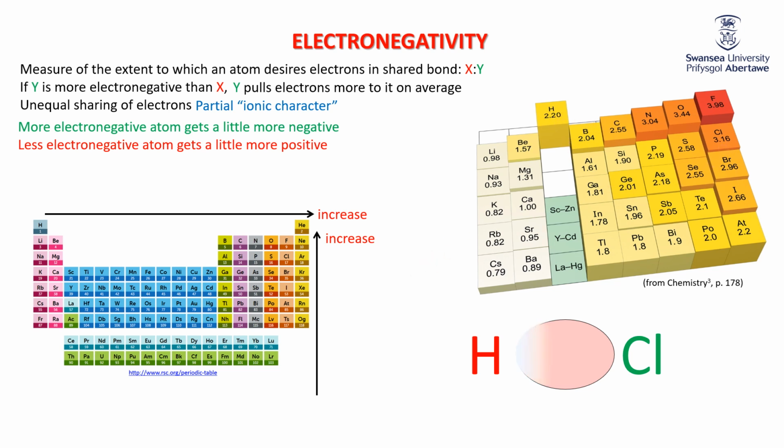Chlorine is more electronegative than hydrogen, and so it has more of a share of electron density than hydrogen does, as illustrated by a deeper pinky, orangey red over by the chlorine, much lighter one by the hydrogen. The chlorine has more of a share of those negative electrons than it should, so we say it's a little bit negative. The hydrogen has less of a share than it should, so we say it is a little bit positive. And overall, we say that this bond is a polar bond because the two ends are different from each other.